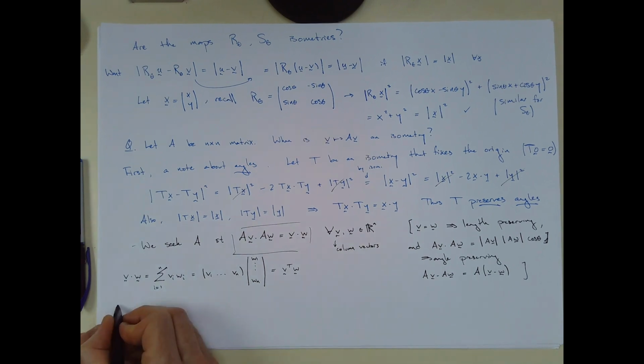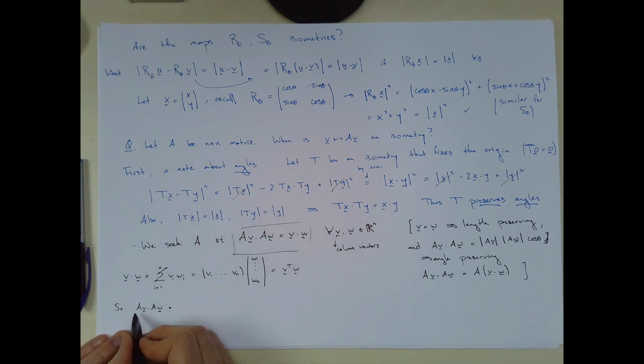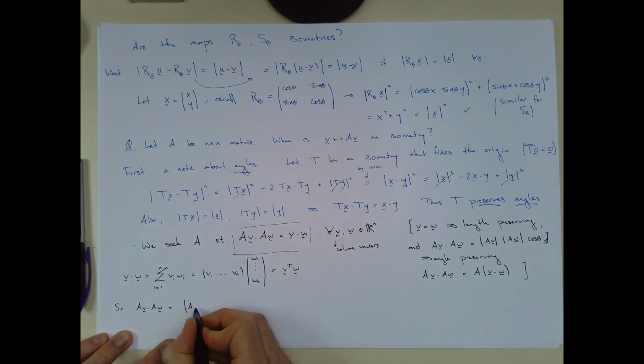Playing with this expression, AV.AW I can write as the transpose of the column vector AV, times the column vector AW.